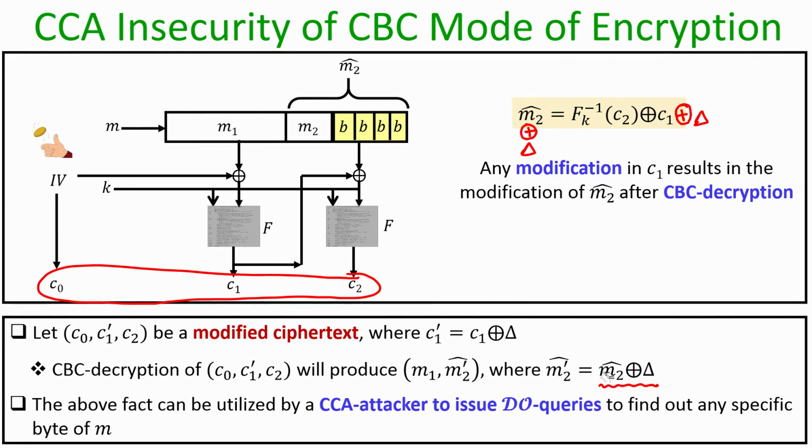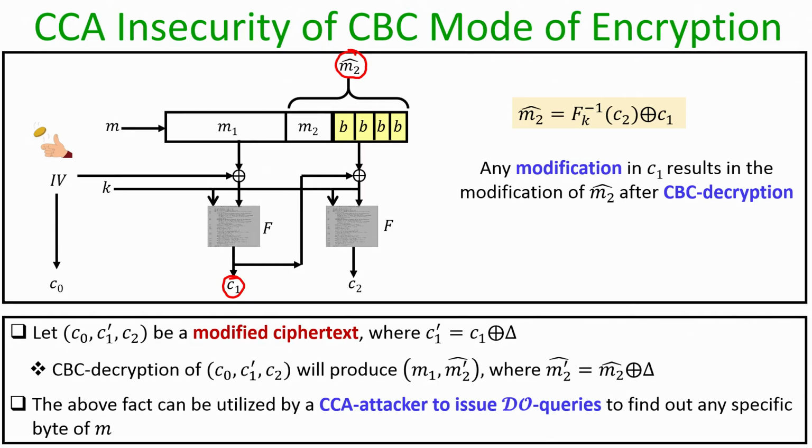And the idea of this CCA insecurity of the CBC mode of encryption is that since the adversary knows the fact that any change it makes in C sub 1 is going to result in the corresponding effect while decrypting M sub 2 hat at the receiving end, the adversary can utilize this fact by computing modified ciphertexts and submitting them as decryption oracle queries.